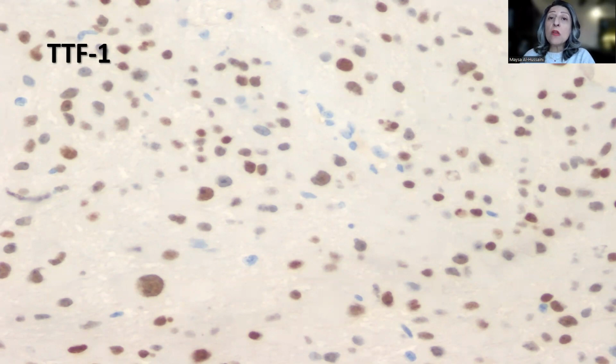These 3 immunohistochemical stains are typical of the SEGA, and they should help you, in addition, of course, to the radiological findings, the location of the tumor, as well as the H&E, to reach the final diagnosis. Now, Ki-67 is usually extremely low, less than 3%, in this case around 1%, because this is a WHO grade 1 tumor.